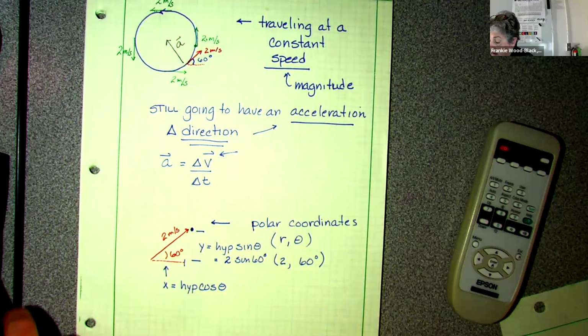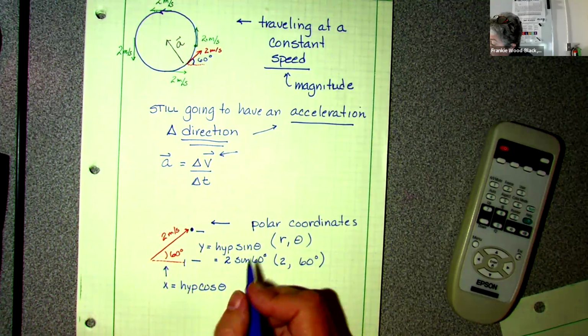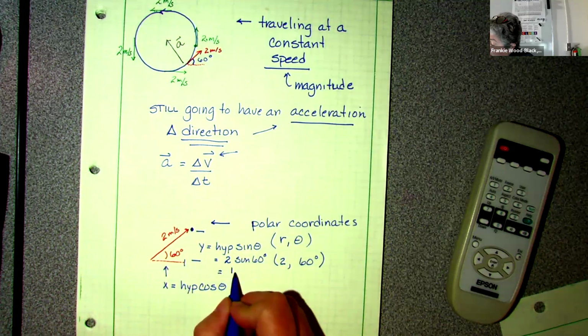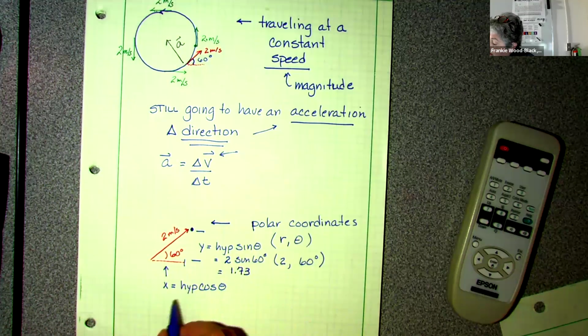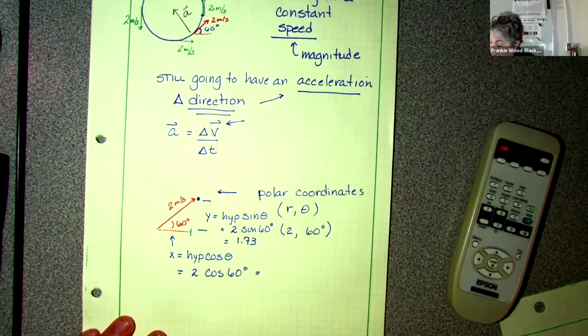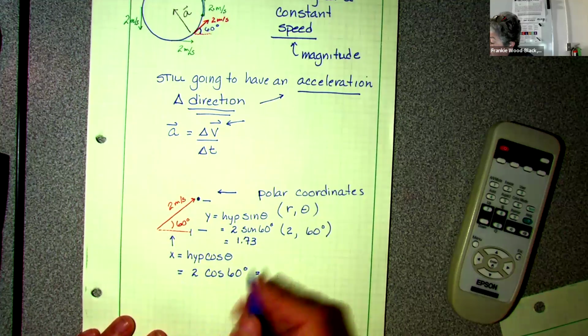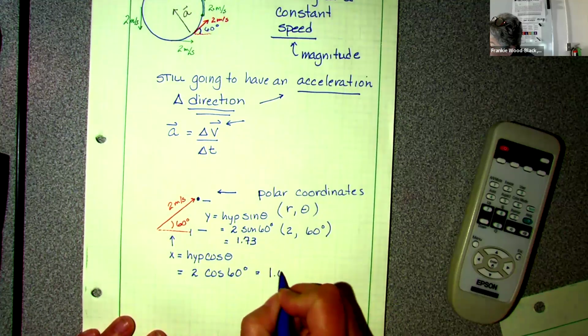And if I plug that in, I think that's going to be 1, if I remember right. Nope, I would have it backwards. 1.73. This one is going to be 2 cosine of 60. I knew one of them was going to be 1, and that's 1.00.